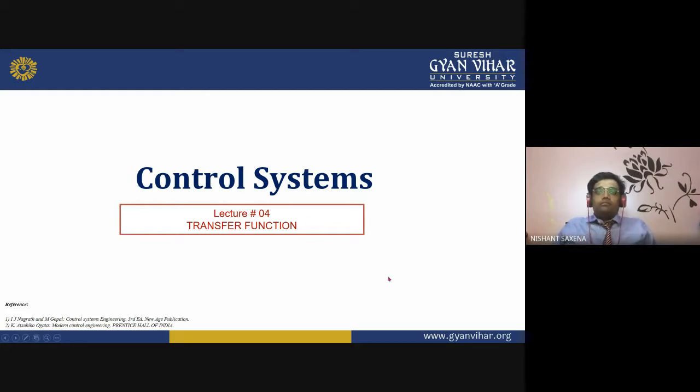Good morning all, once again I welcome you to another session of the control system in which we are going to discuss the transfer functions. In the last class, we have seen the basic elements of the transfer function, what transfer functions are, how the input and output relationship is maintained, what the different blocks are, and how to do the block diagram reduction method.